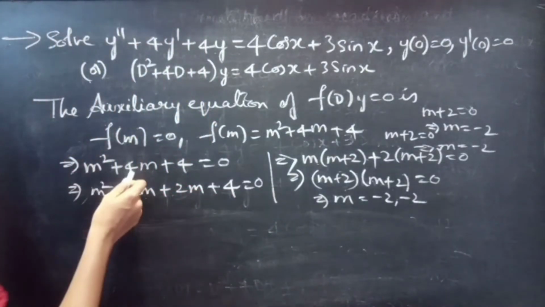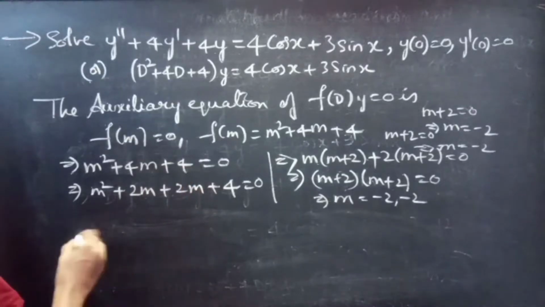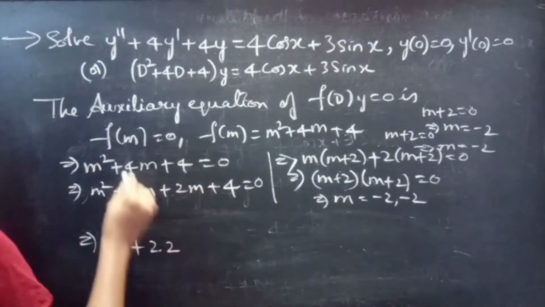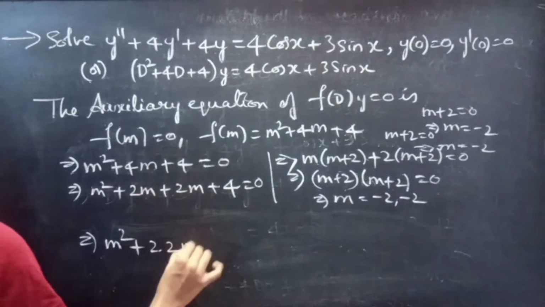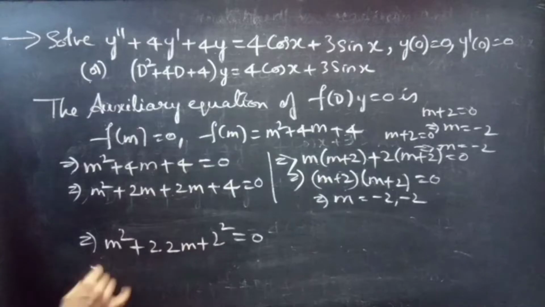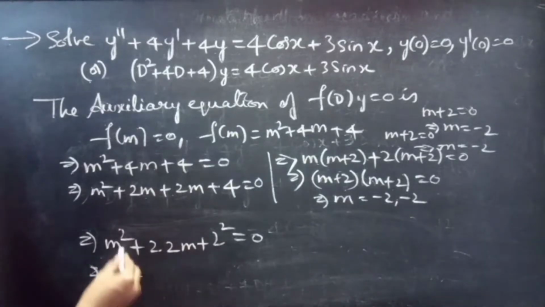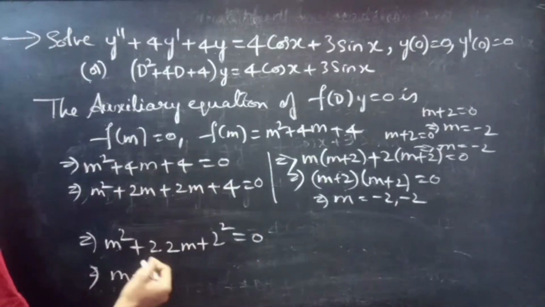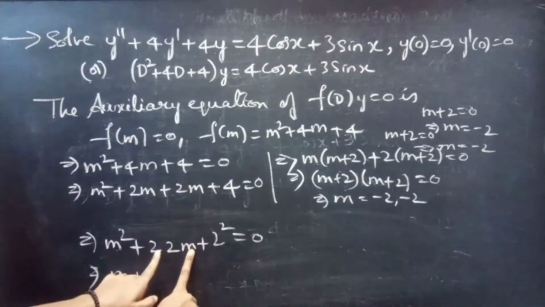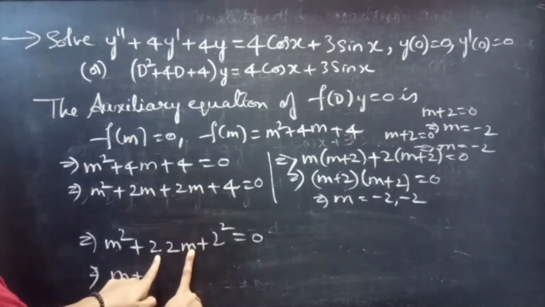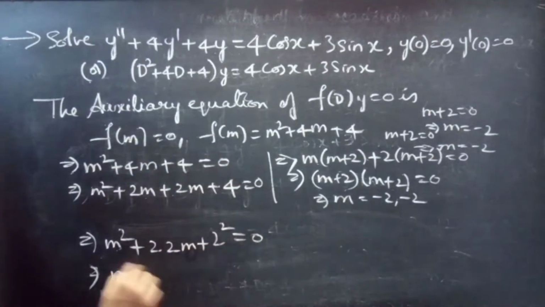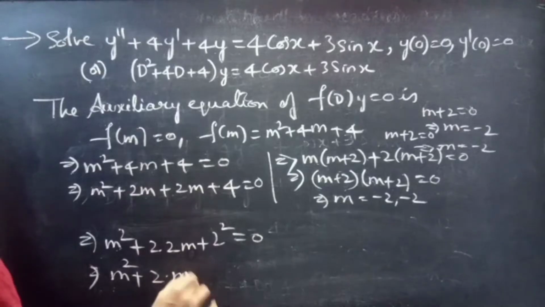Alternatively, this is of the form a² + 2ab + b², which is (a + b)². We can write 4m as 2 into 2 into m, and this 4 as 2², which is a² + b² + 2ab, right?